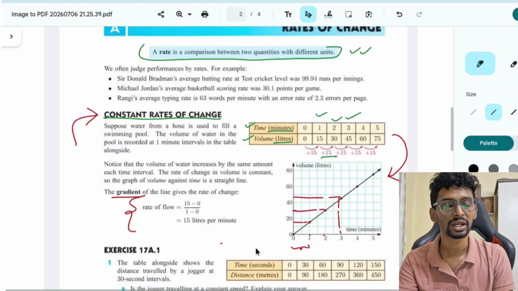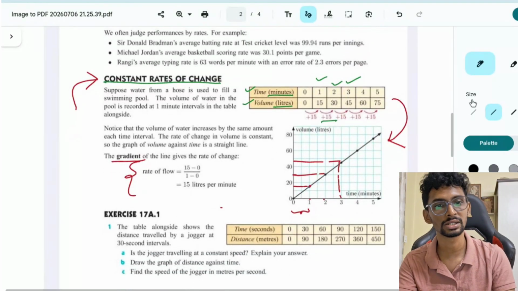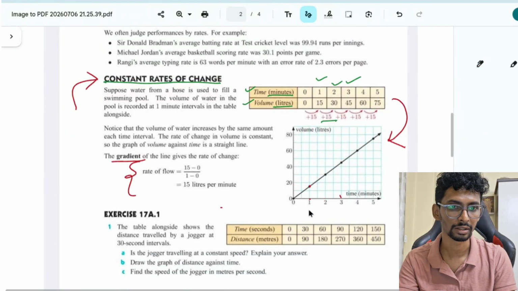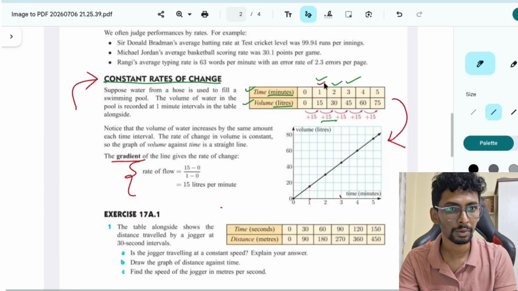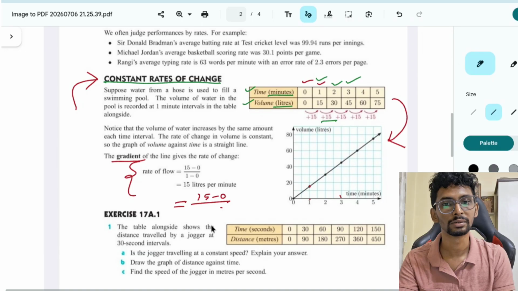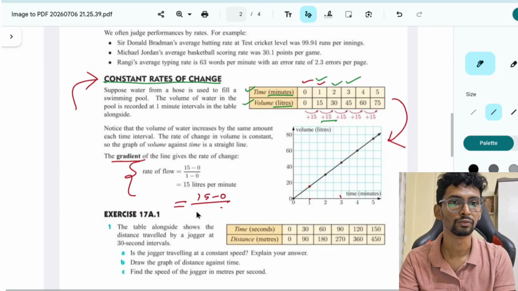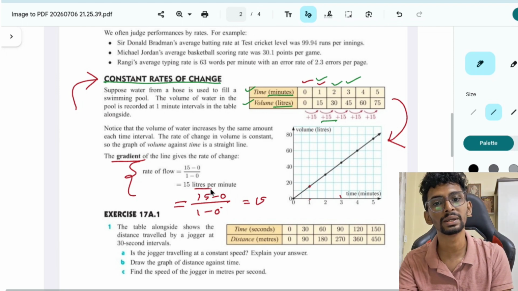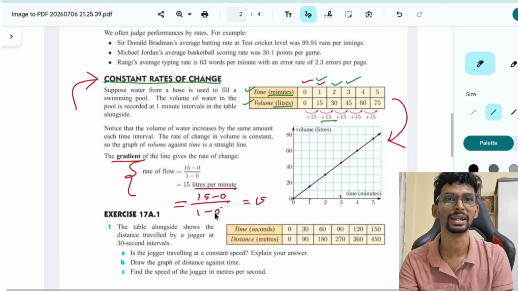Rate of flow is nothing but 15 minus 0 divided by 1 minus 0. Why? You can take any two coordinates, for example the first and second, which will be easy. That is the rate of flow, the change in volume, which is 15 minus 0, divided by the change in time, which is 1 minus 0. So it's 15, and the unit will be liters per minute.